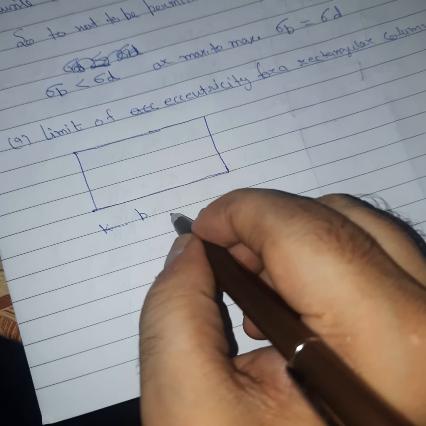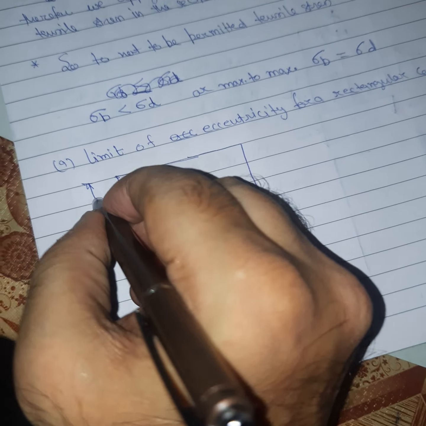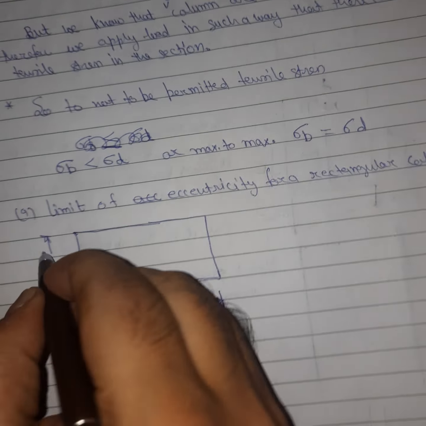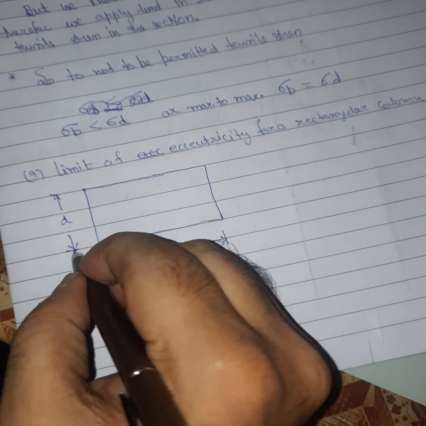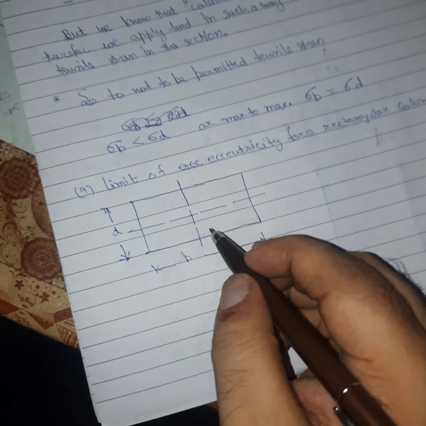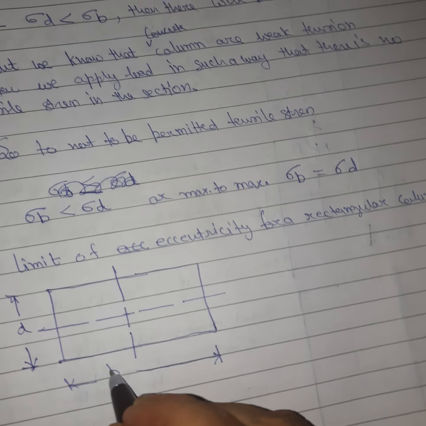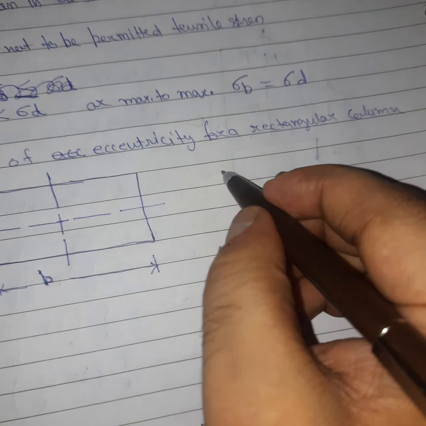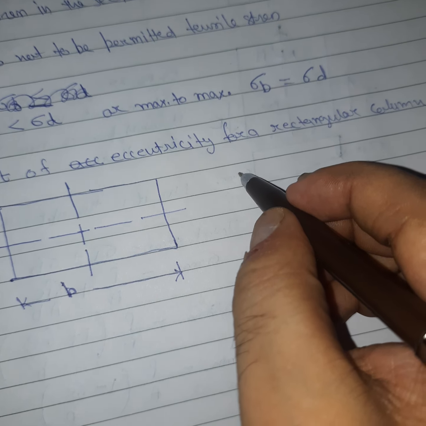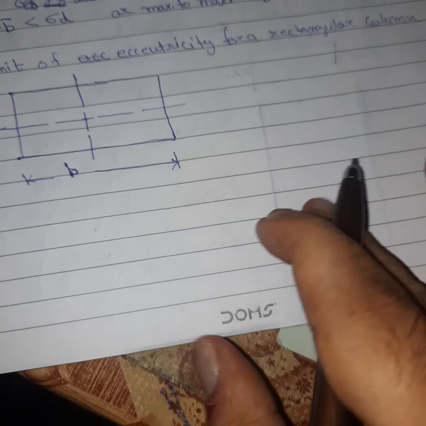It has a base width of b, and depth d. What the middle third rule says is that the load must act within b by 3, but now we are going to determine it.